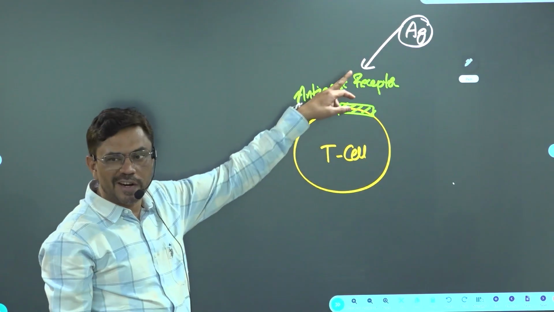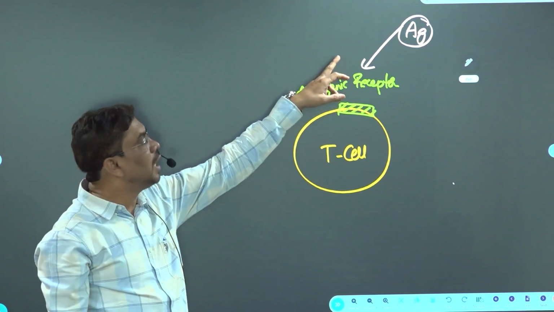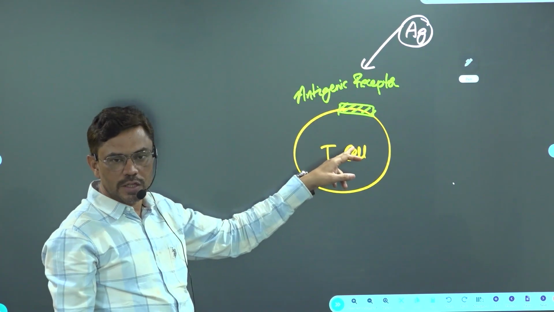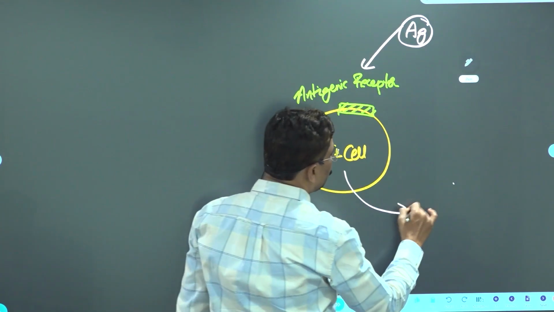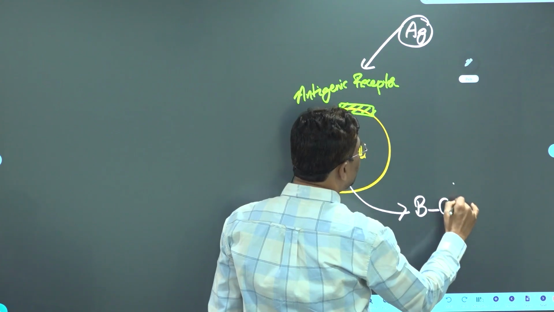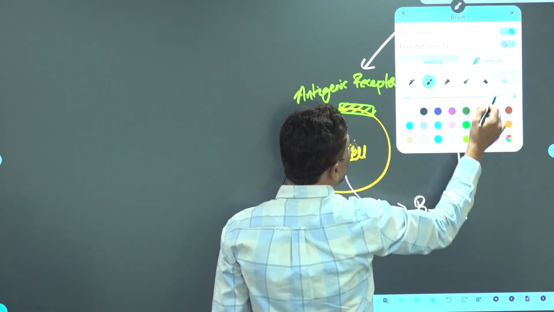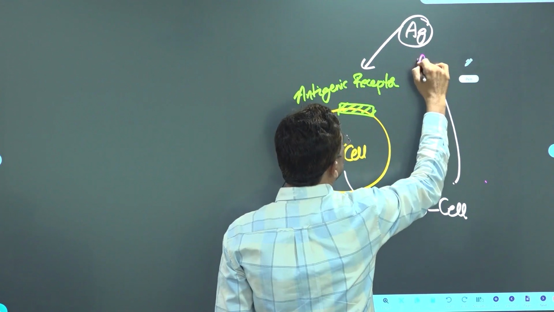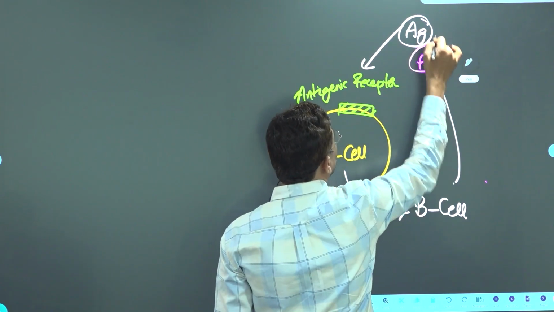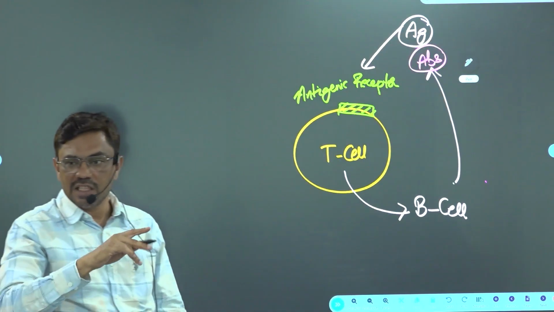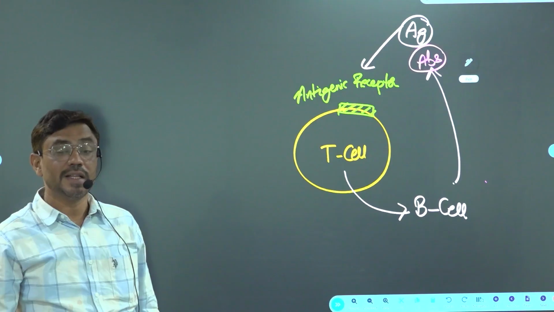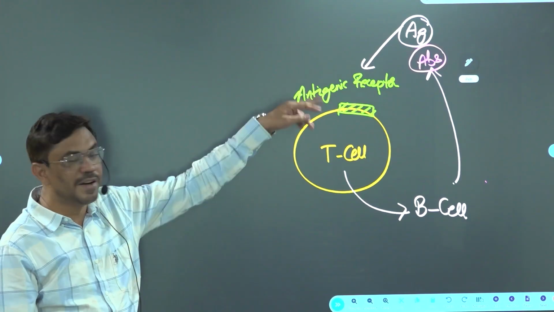This information is given to the T lymphocyte, which, with the help of B lymphocyte, releases antibodies against this antigen. These antibodies fight with the antigen, and it is killed. Like that, it protects our body. This is called cell-mediated immune response.